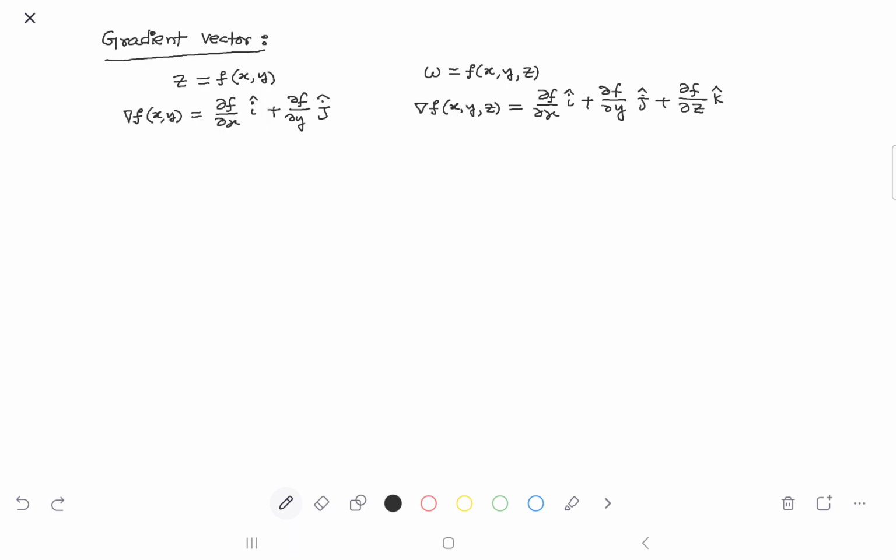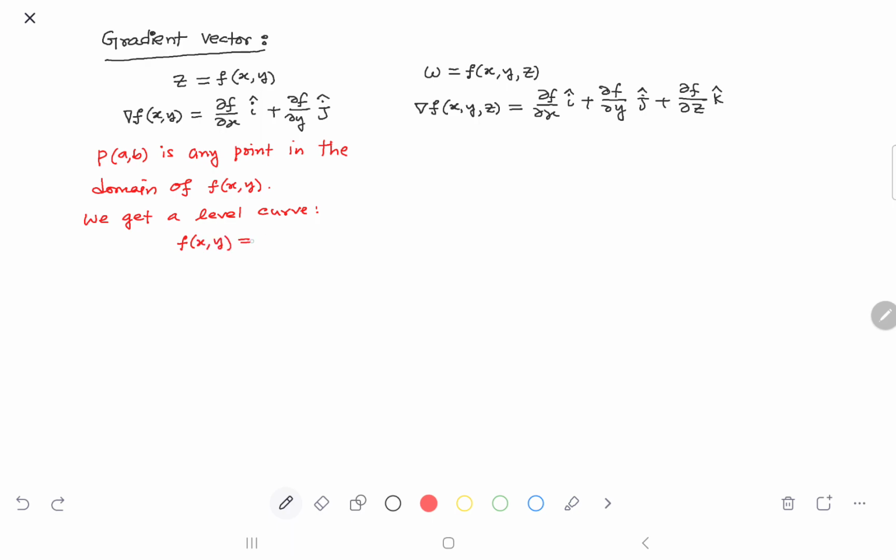Now we'll see this gradient vector has some geometrical meaning, as I told you last time. For a function of two variables, geometrically, if we fix a point P, a comma b, any point in the domain of the function f, then we get a level curve given by f of x y equals f of a comma b.